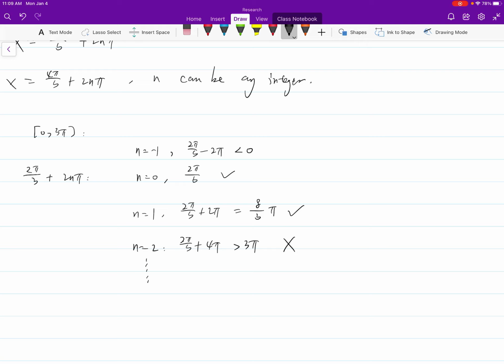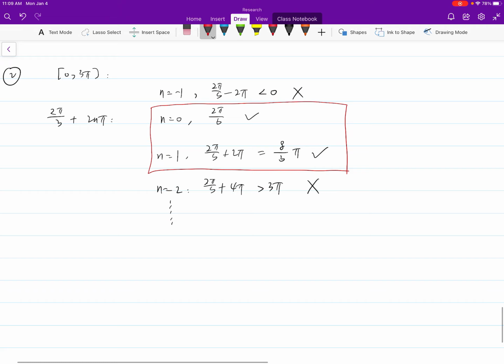Less than 0. You want something between 0 and 3 pi, so this one is already not qualified. So when you go in the smaller direction, you stop at 0. When you go in the positive direction, you stop at 1. These will be the only choices. Anything beyond that is either too small or too big.